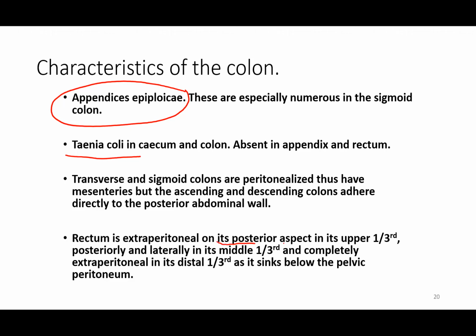on its posterior aspect of the upper 1/3, posterior and lateral in the middle 1/3, posterior and lateral, okay? They are extraperitoneal, and completely extraperitoneal in the distal 1/3, below the pelvic peritoneum, because the peritoneum reflects at that portion in females to form the pouch of Douglas, okay?